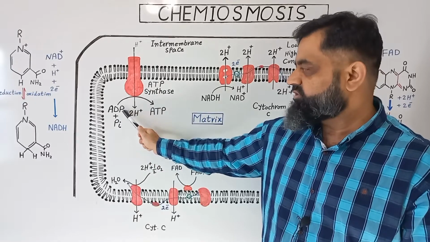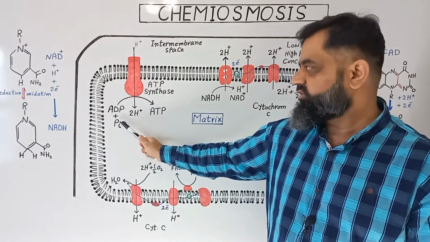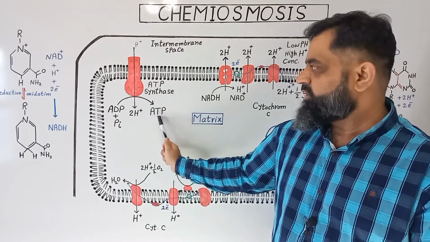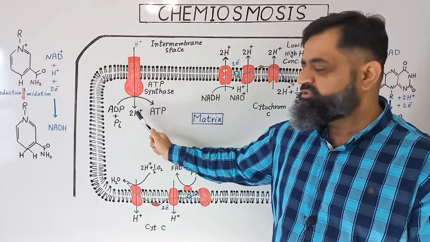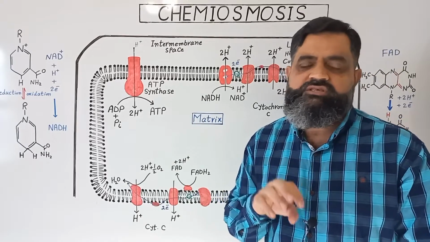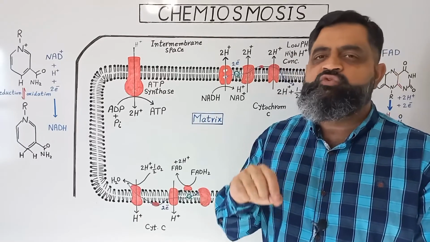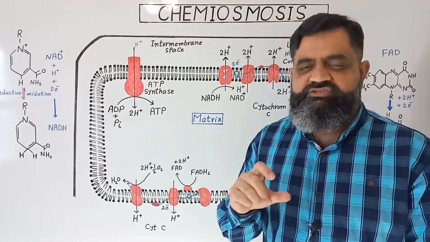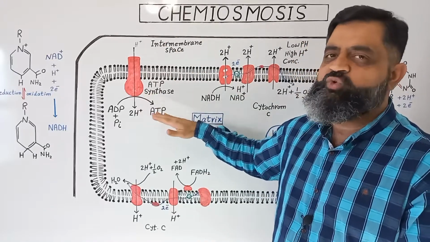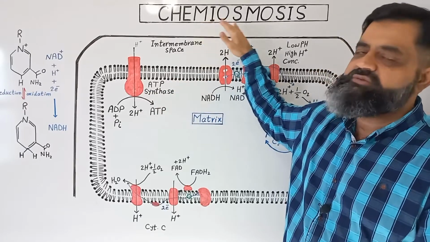ADP, adenosine diphosphate, when combined with inorganic phosphate, is converted into an ATP molecule by the energy generated by the hydrogen ions. Because ATP is synthesized during the movement of H positive ions, also known as protons, across a membrane, this process is known as chemiosmosis.